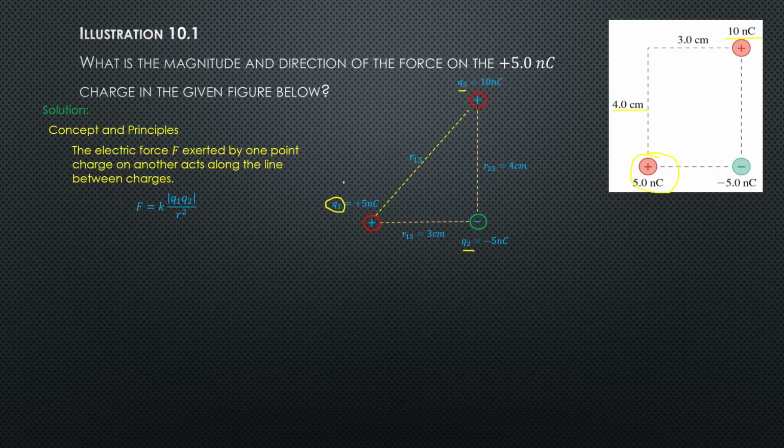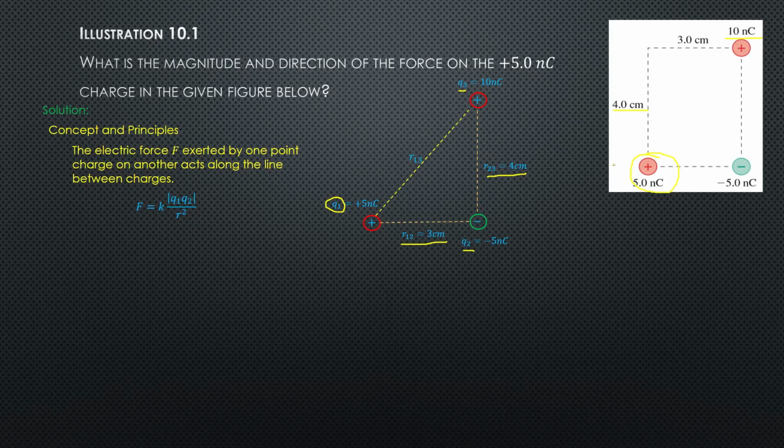So we need the distance between each of the charges. Let's say Q1 and Q2 have a distance of 3 centimeters, and Q2 and Q3 have a distance of 4 centimeters.